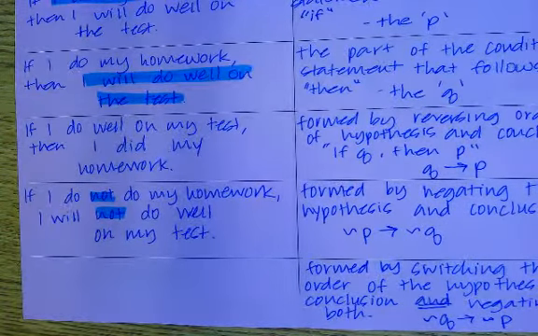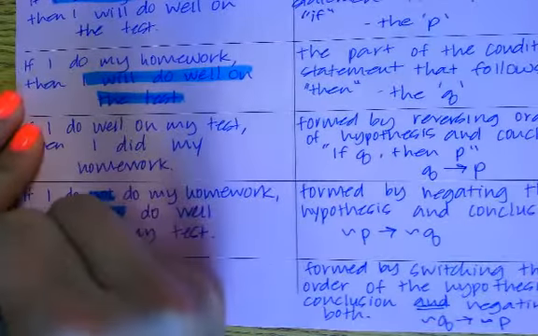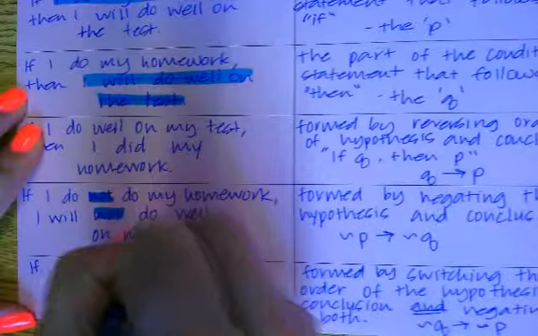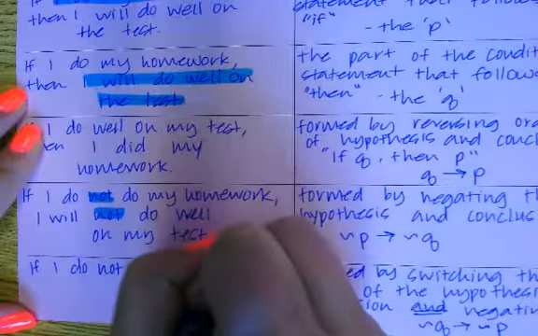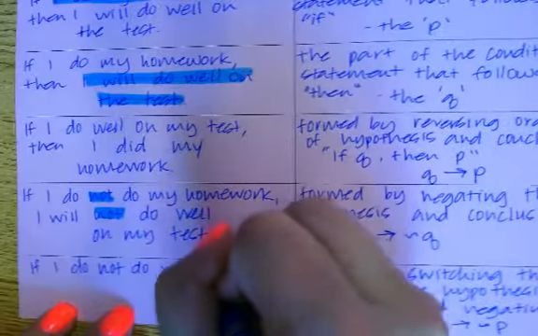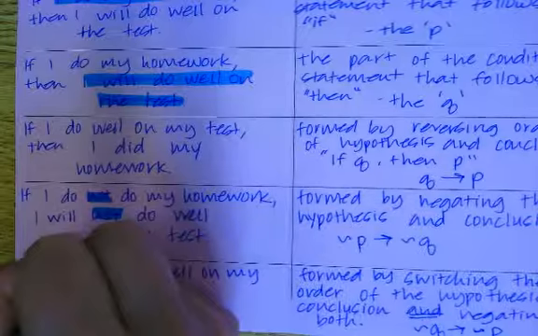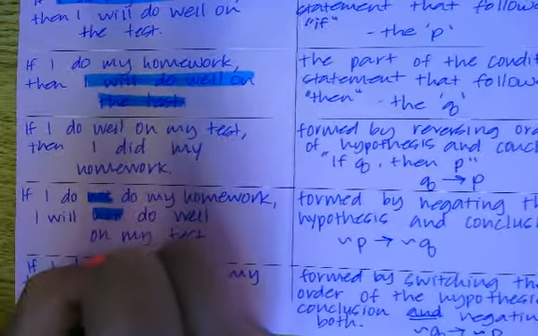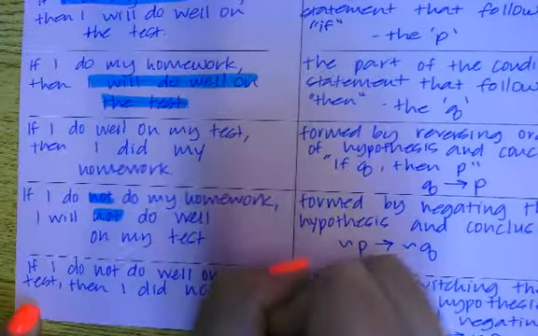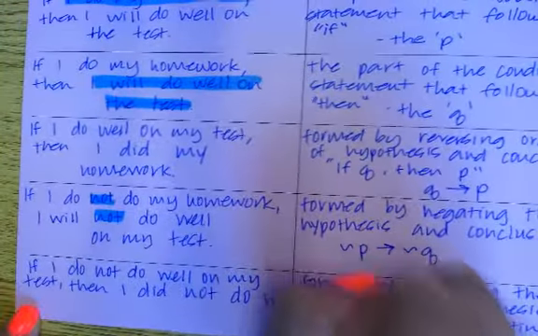Does it have to be an if-then? Yes, always still an if-then. So if I do not do well on my test, then I did not do my homework. If you don't have it written word for word and you change your verbs up a little bit, that's okay.